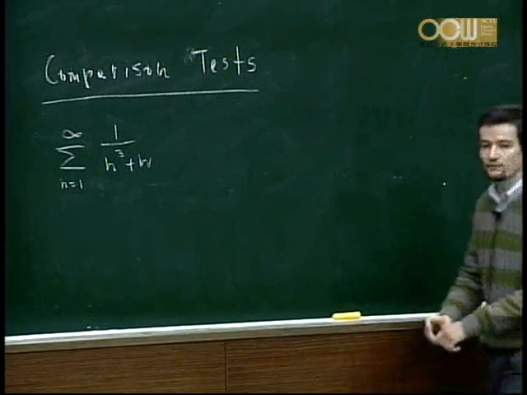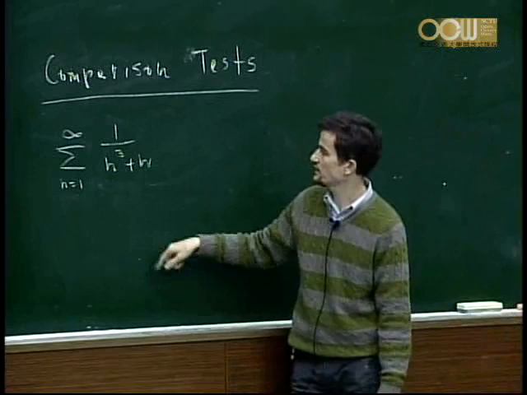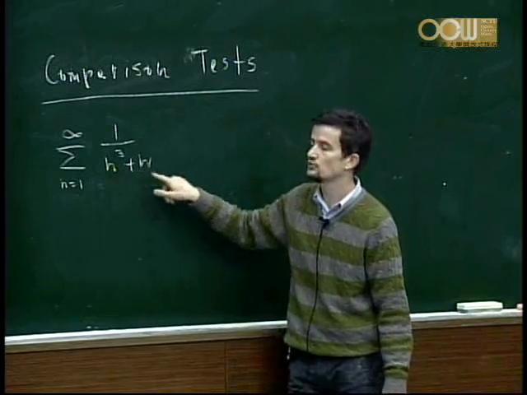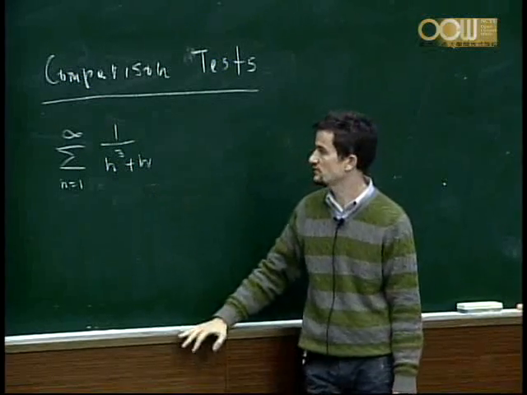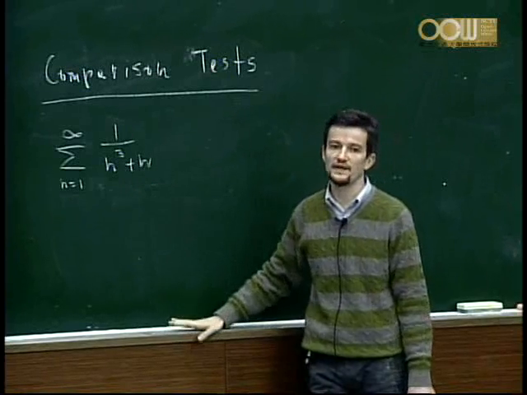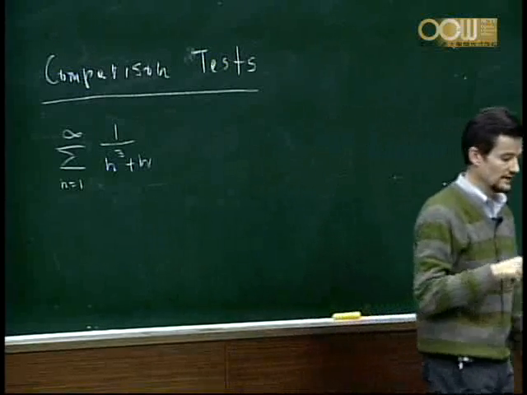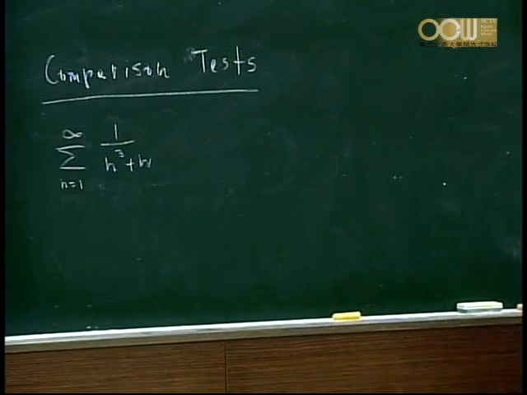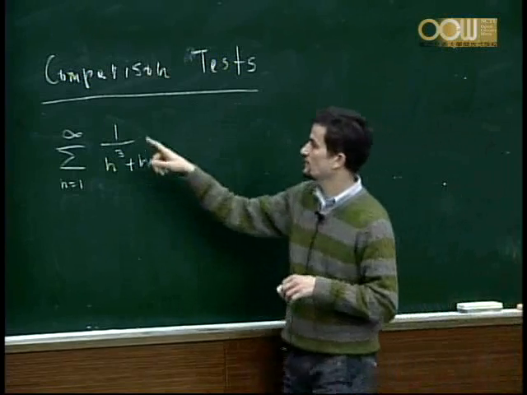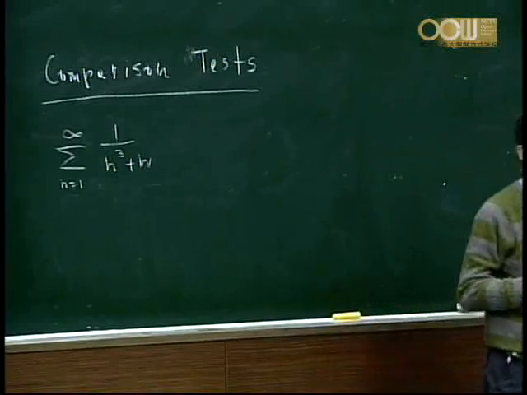We know that for this series we can apply the integral test, because we look at the function f of x equal to 1 over x cubed plus x. This function is decreasing, which means the convergence behavior of this series will be the same as the convergence of the integral dx over x cubed plus x. And this integral we can handle because we have tools for this.